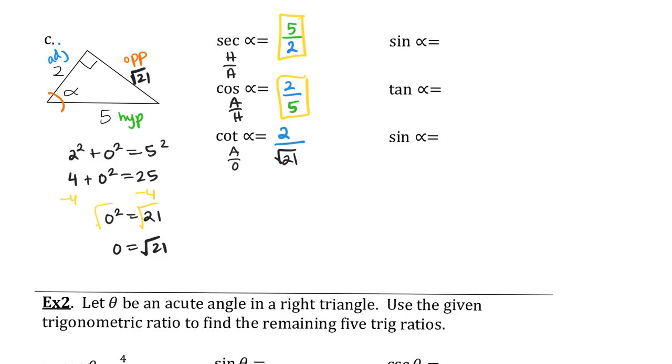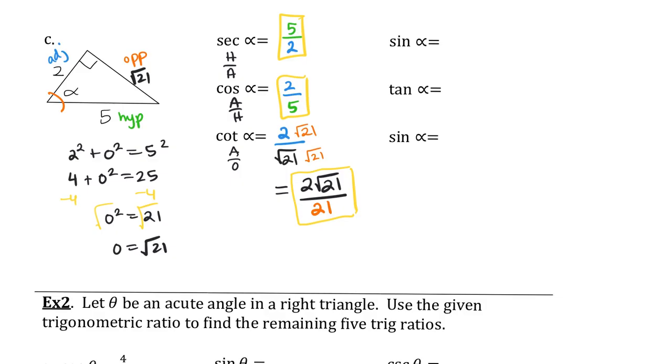If I don't want square root of 21 at the bottom, to cancel it, I multiply by the square root of 21, top and bottom. Okay, what's this going to give me? 2 times the square root of 21 is 2 square root 21. If I do root 21 times root 21, I get root 21 squared, and the squared and the square root cancel, and it goes back down to 21. So this is the answer they would like you to give: 2 root 21 over 21, because you can't leave a radical at the bottom.